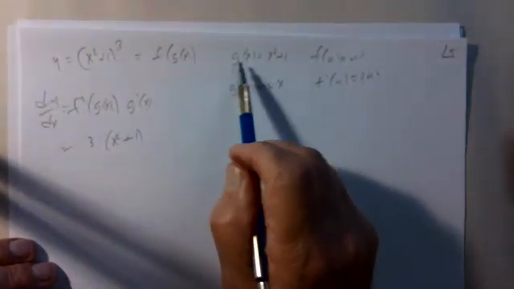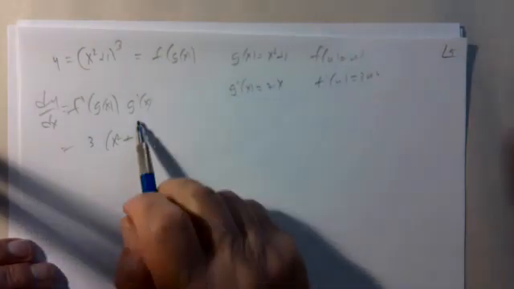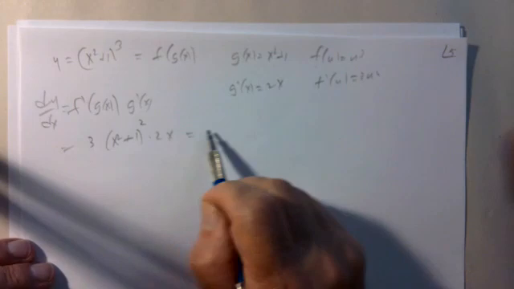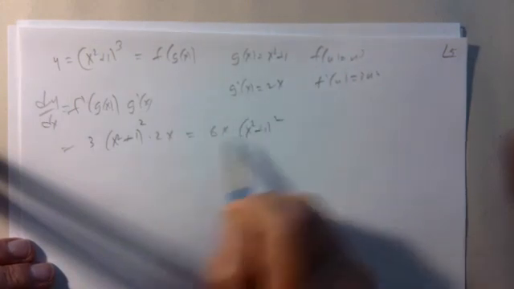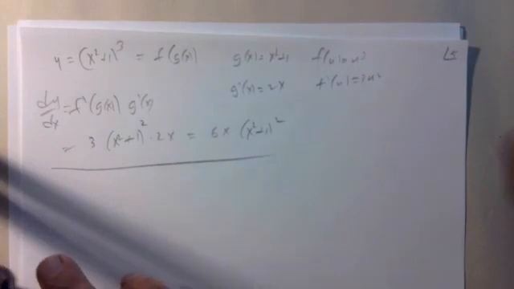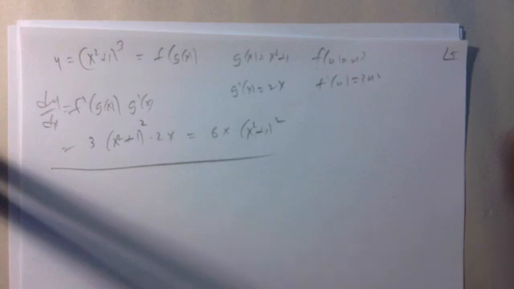That's my u, that's g of x, squared. g prime of x is 2x. So this is 6x times x squared plus 1, squared. Any questions about this?